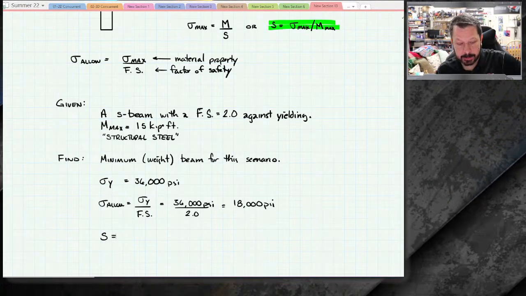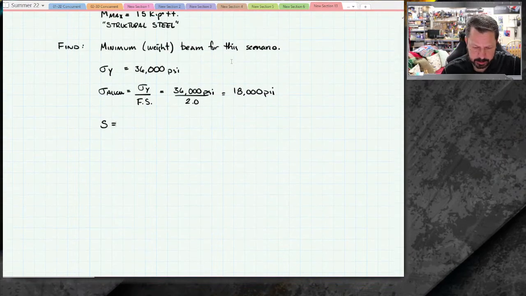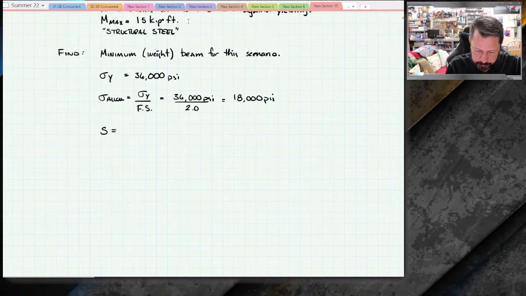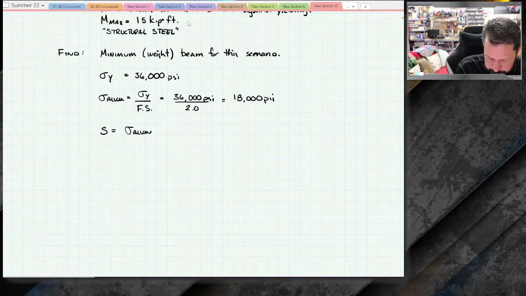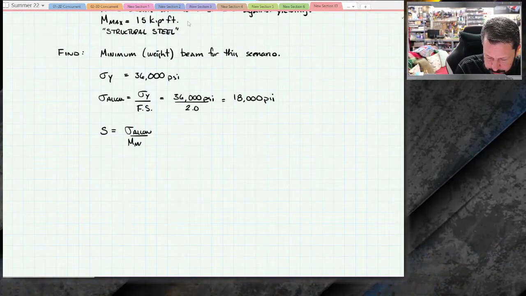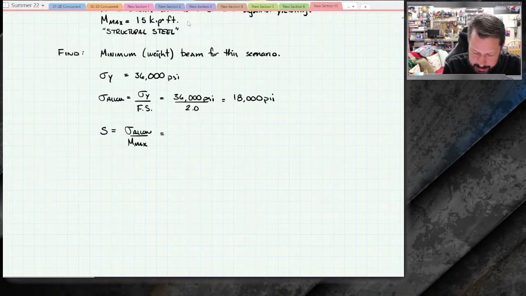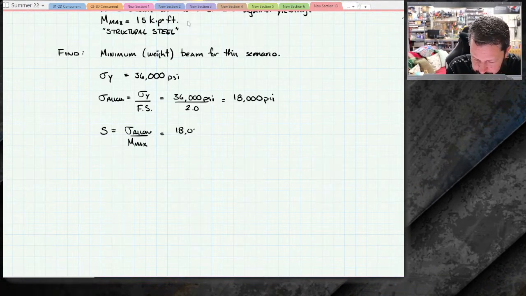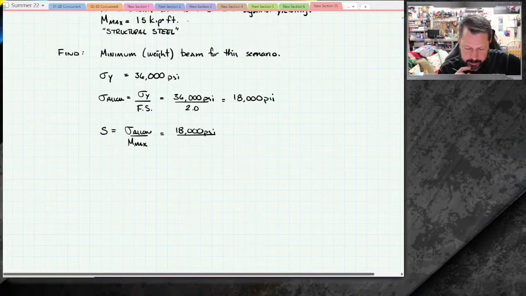In this case, it's sigma allowable over the M max that we put down right here. So sigma allowable over the maximum bending moment we expect.